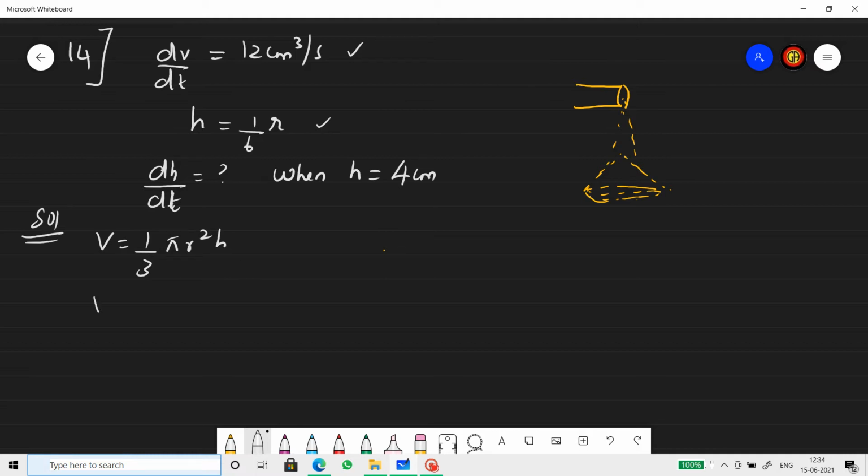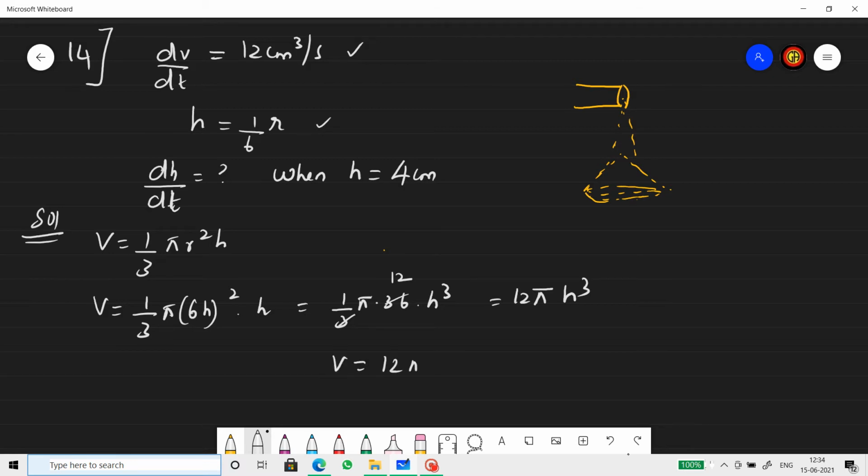So I'm going to have my volume as 1/3 pi, r is equal to 6h, the whole square into h. So therefore 1/3 pi into 36 into h cube, right? So we get 12 pi h cube as volume completely in terms of h. Now differentiate V with respect to t.